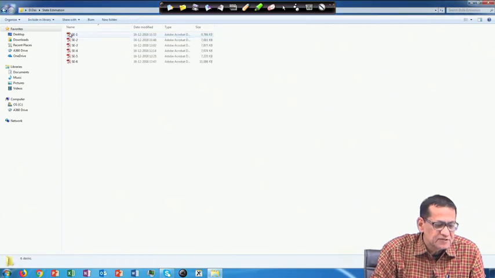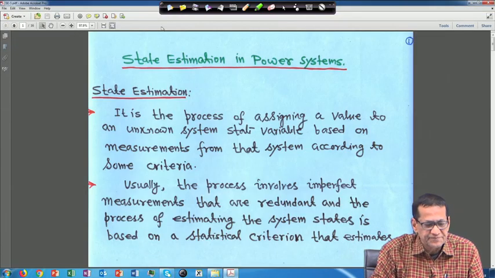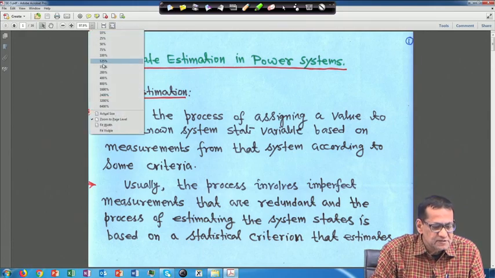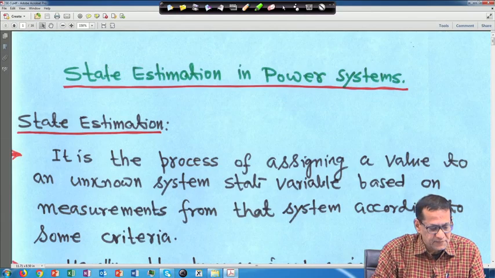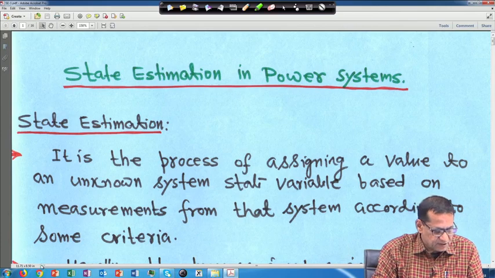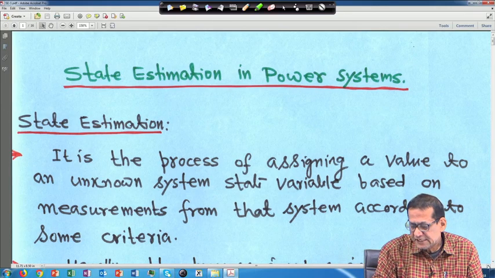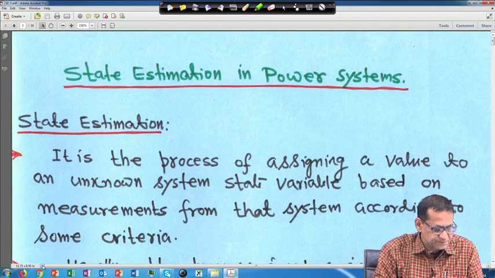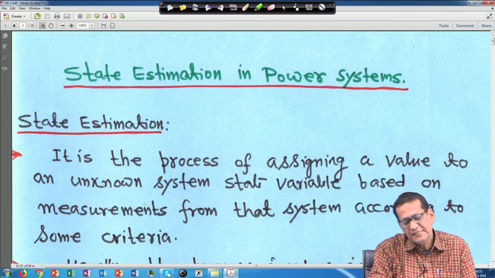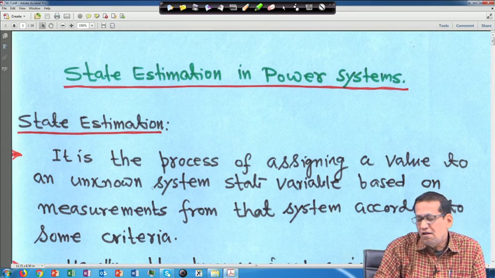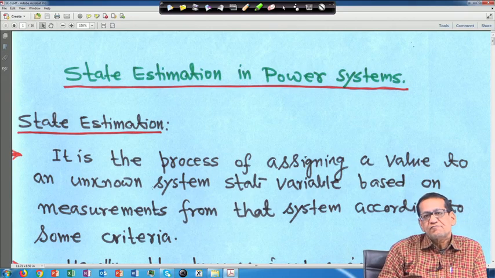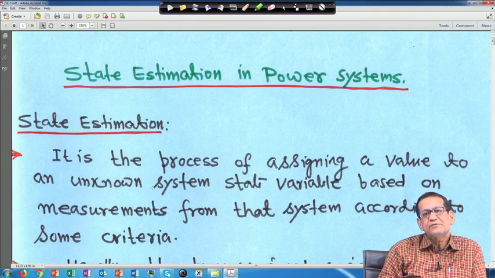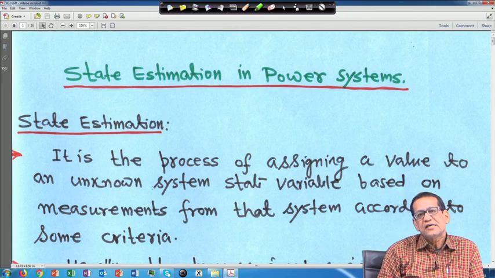Next one is state estimation. So what is state estimation in power systems? Suppose you are doing experiments in the laboratory, you have so many meters like voltmeter, ammeter, wattmeters and other types of meters.